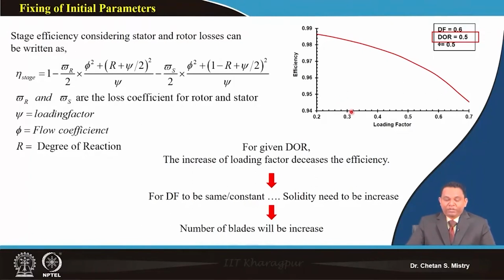When we increase the solidity, the number of blades increases, and we have realized that an increased number of blades leads to increased losses. That's why, for a fixed degree of reaction and diffusion factor, efficiency decreases with increase of loading. This loading factor is per-stage loading that we are discussing at this moment.